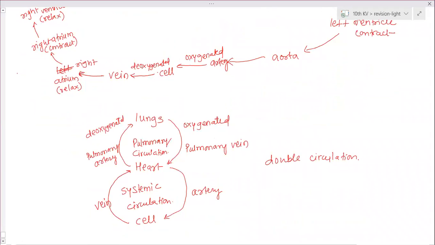Then double circulation, what do you mean by double circulation?